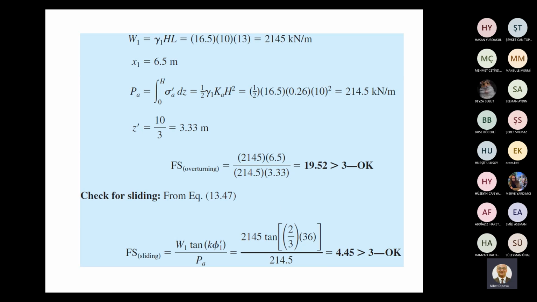And overturning moment comes from sigma A from 0 to H. Actually, this is a triangular distribution.